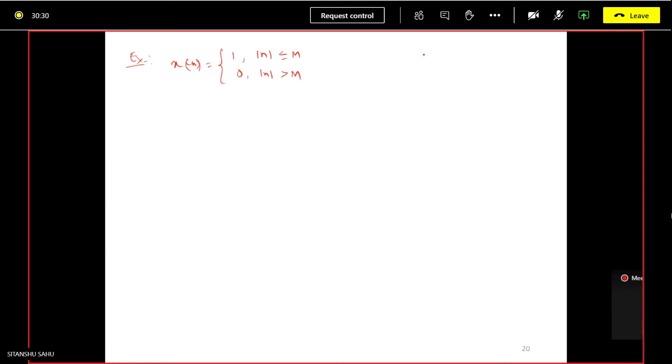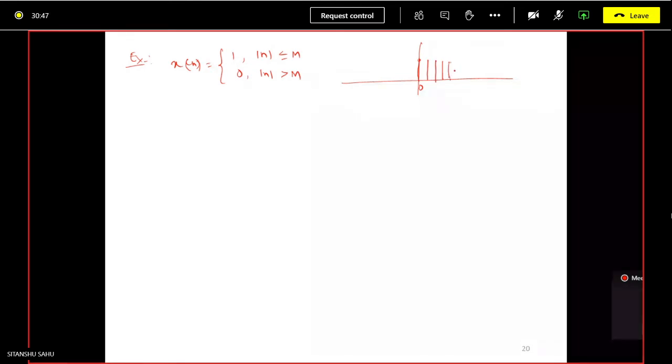So the signal looks like this: the values are 1, 1, 1, going on up to m, and after m the values are 0, 0, 0, 0.